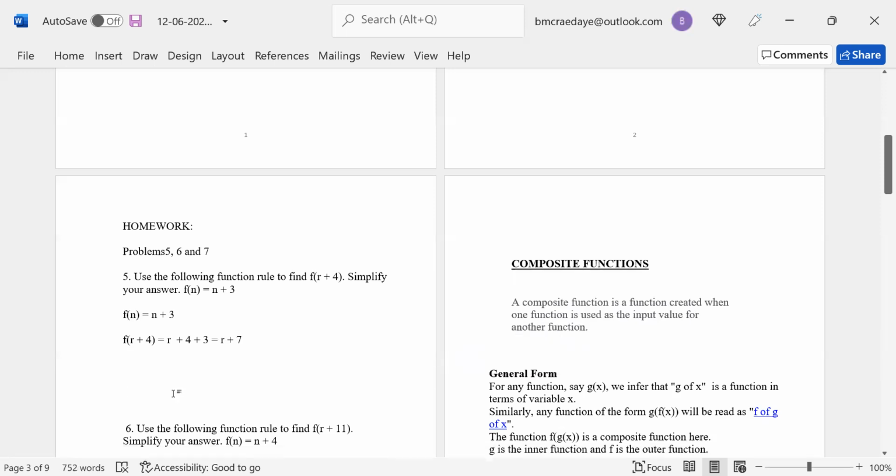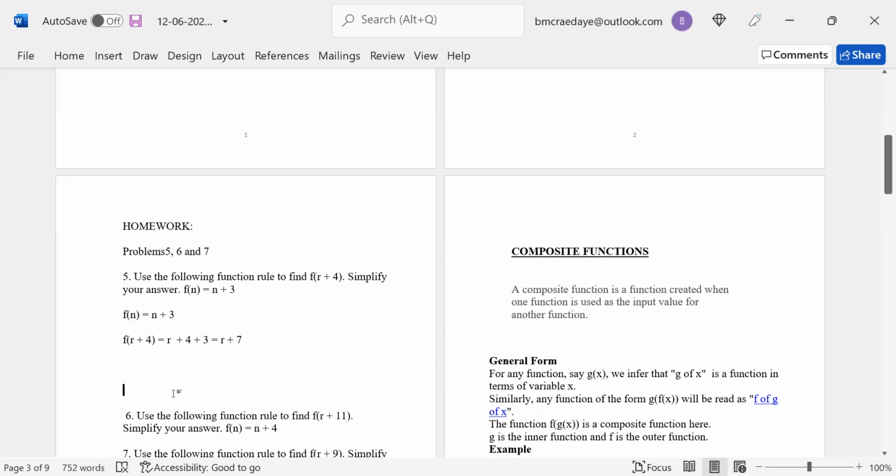So I did number 5 for you. You should be able to do number 6. You do it the same way, except now you've got r plus 11 you want to put in for the n. Got it? Find f of r plus 4.